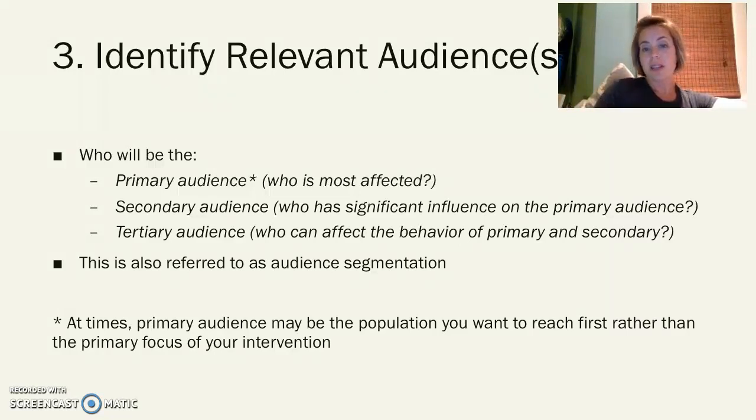A secondary audience are people who have significant influence over the primary audience, so easily jump to parents, right? And tertiary would have an effect on both, and that could be in a school setting, that could be working with grocery stores or folks who have access and can influence those behaviors of both the primary and secondary audiences.